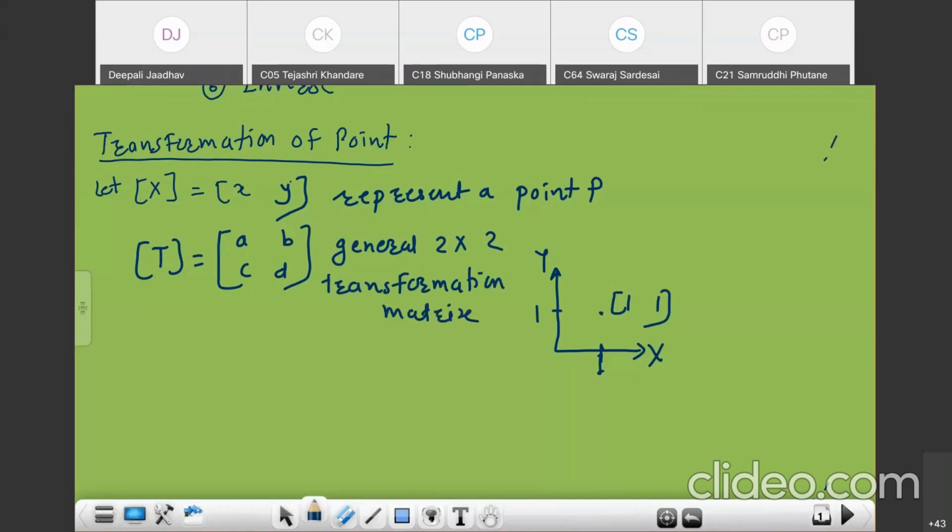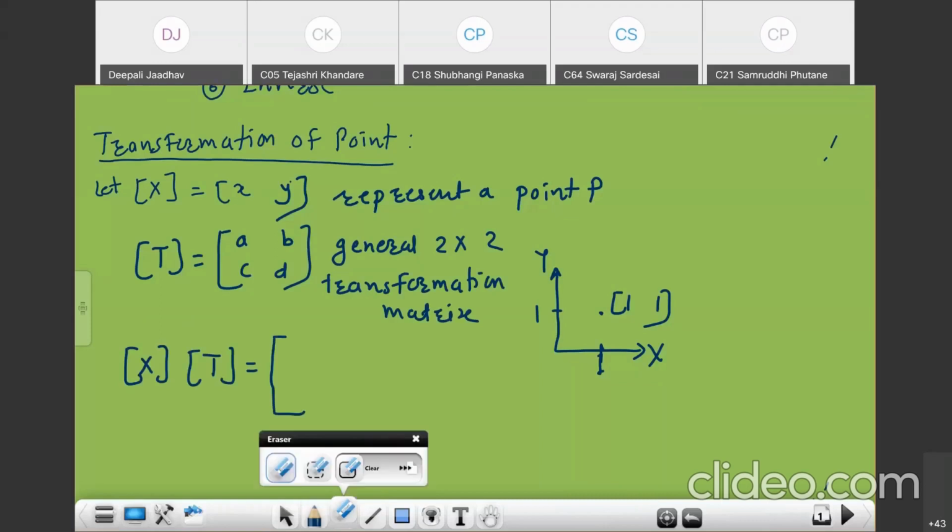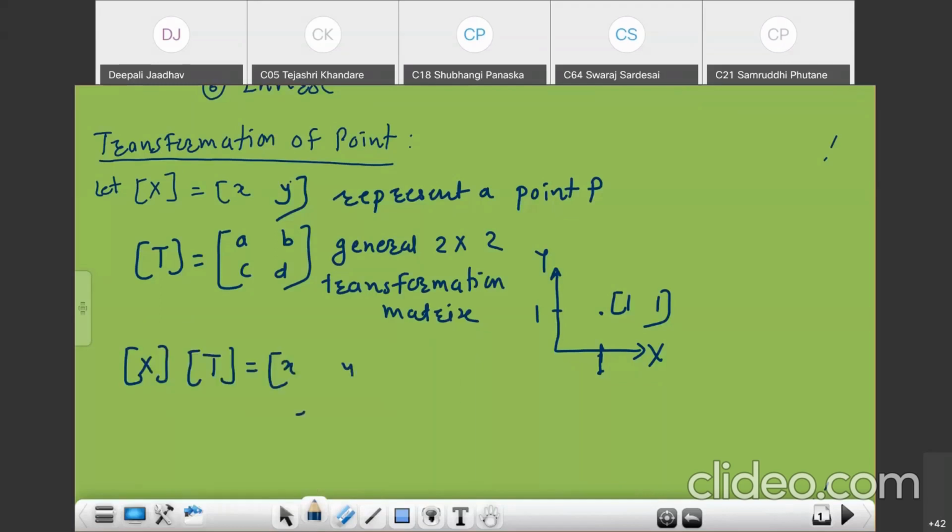Now we multiply it. Multiplication generates X multiplied with T. So calculate the multiplication points. We multiply X, Y with the 2 into 2 matrix A, B, C, D, which is equal to AX plus CY, this row multiplied with this column first, and another element, BX plus DY, this row multiplied with this column.